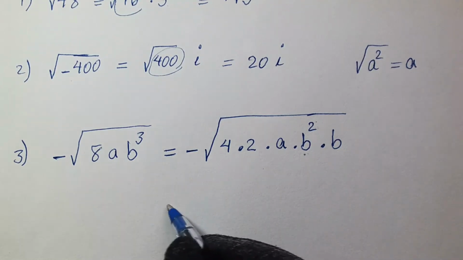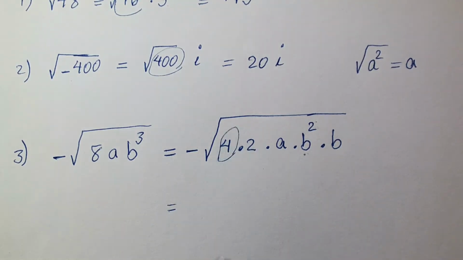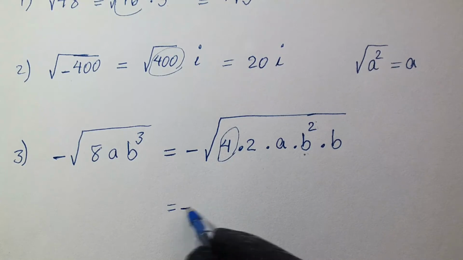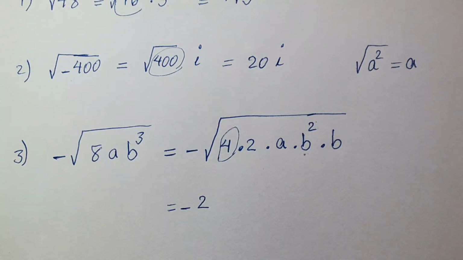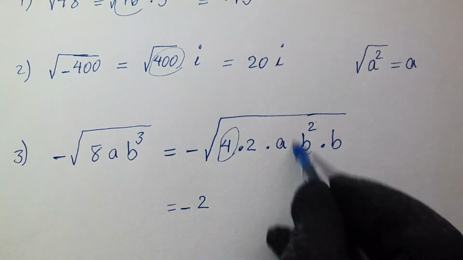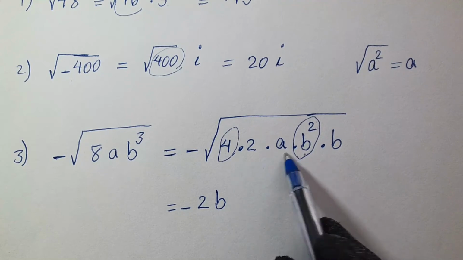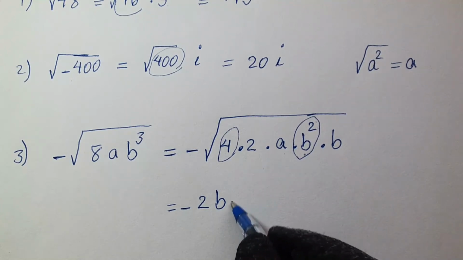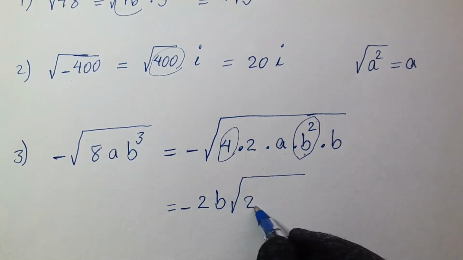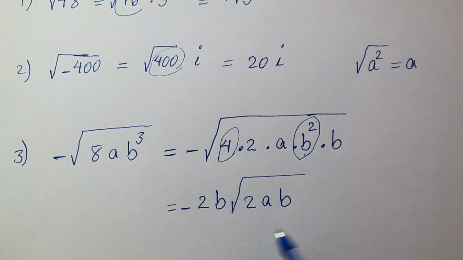So for this example, 4 is a perfect square number, so it can come out as 2. The square root of b squared is going to be b. But 2a and b are still going to stay in the radical.